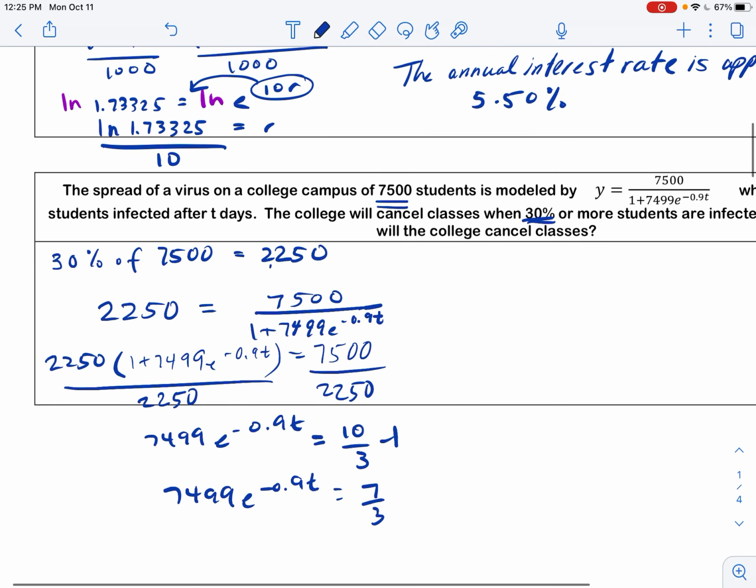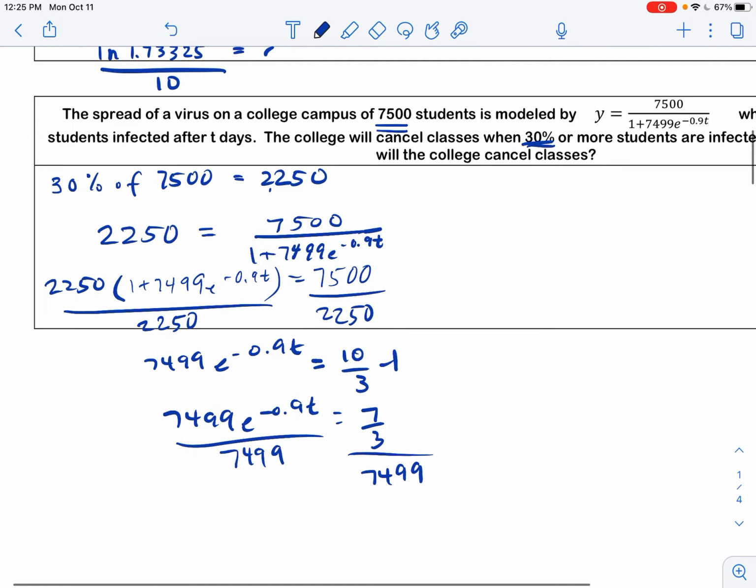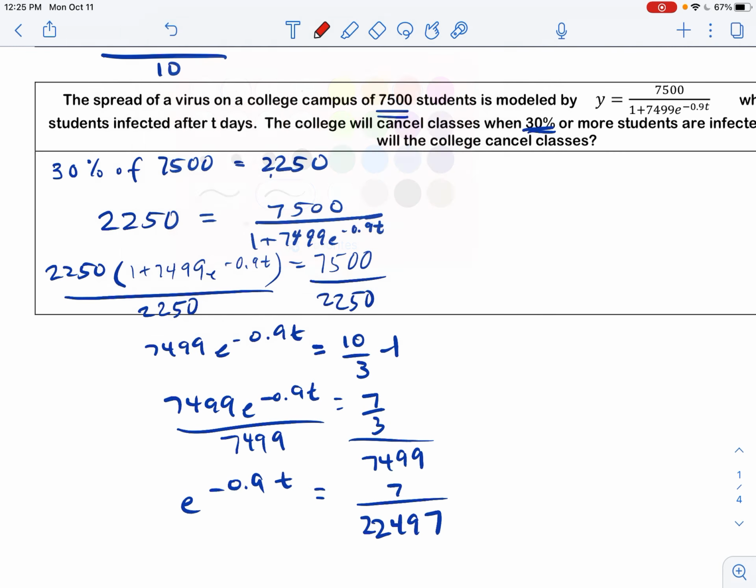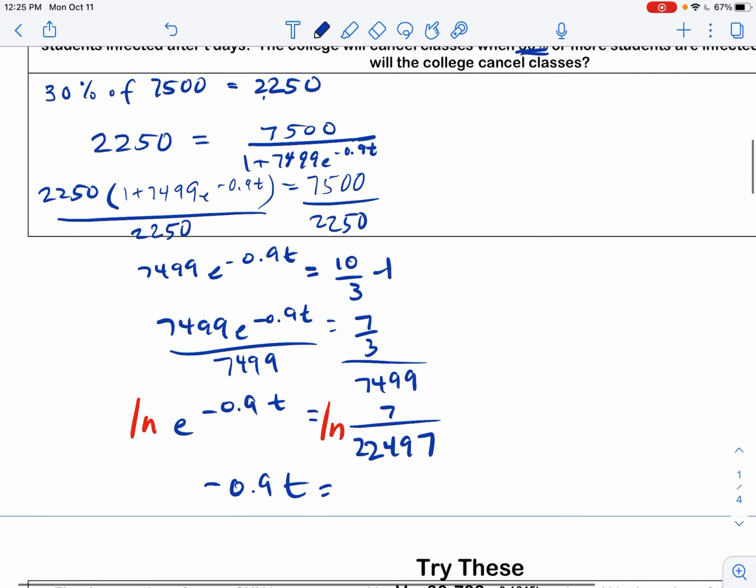Now we can divide everything by 74.99. And we can say that e to the negative 0.9 t power is equal to, let's write that as a non-complex fraction, so 3 times 74.99 is 22,497. And now we can take the natural log of both sides. So take the natural log of this left side, take the natural log of this side. And this is going to come out to negative 0.9 t is equal to the natural log of all this.